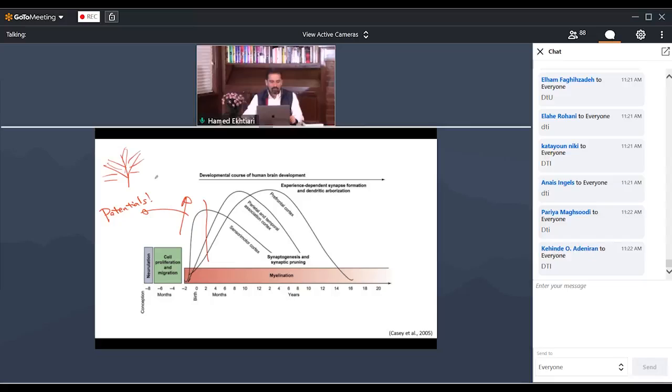Then over time, based on environmental exposures and training, let's say you develop lots of connections, and you realize that some of these connections are not good, so you keep a few of them and empower those that are more important for you. We call this process pruning.